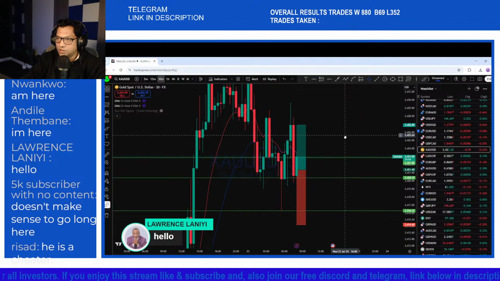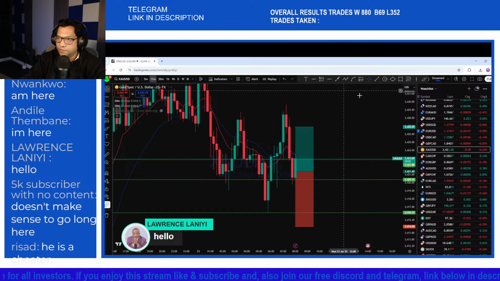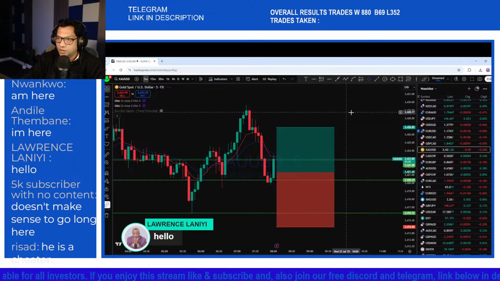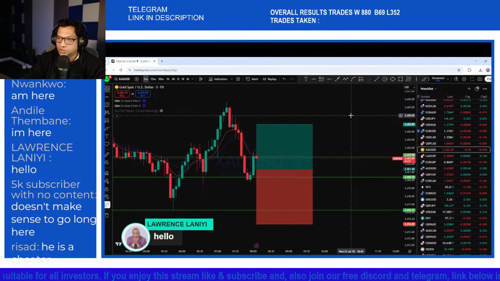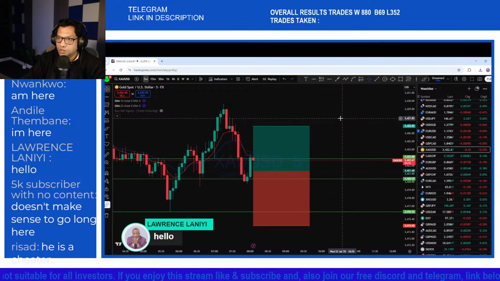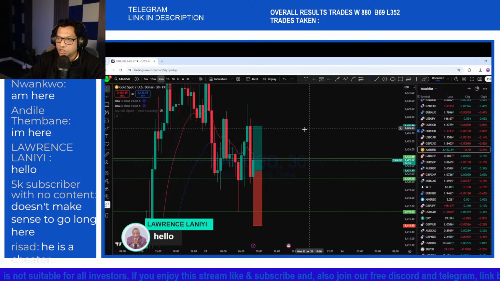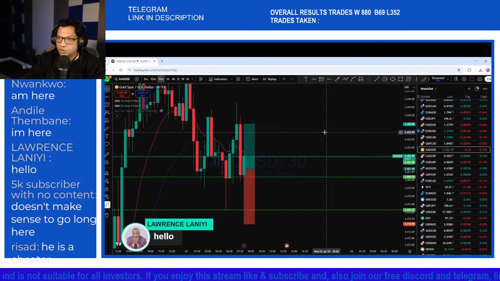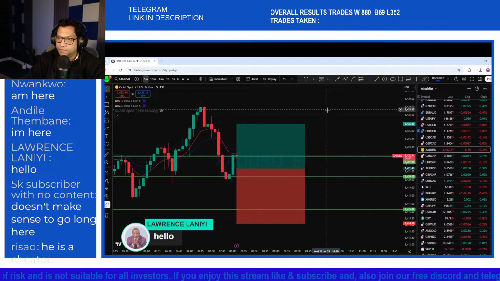On the 5 minute chart there is a narrow candle close. Let's wait to see if this market bounces back up further.